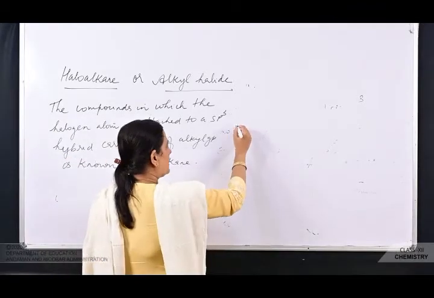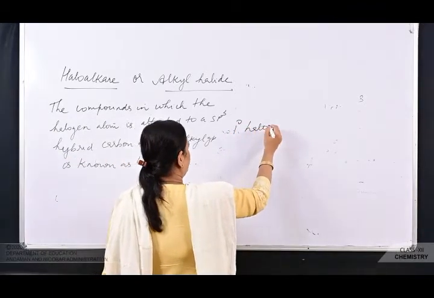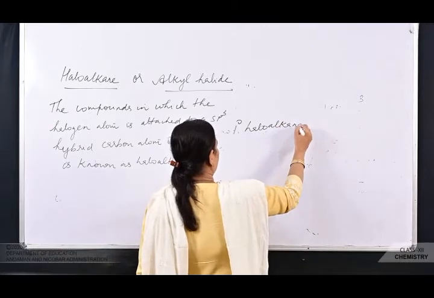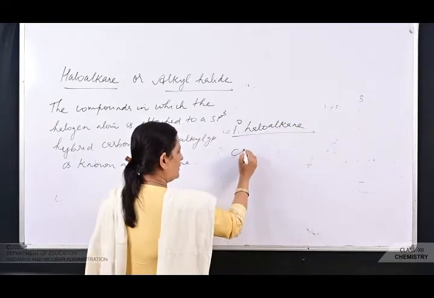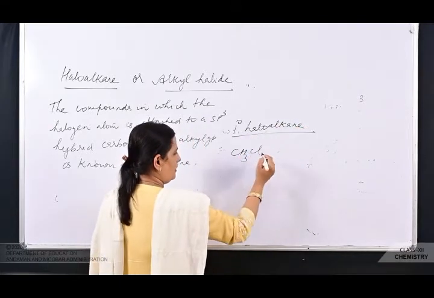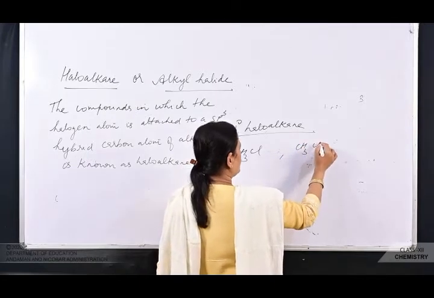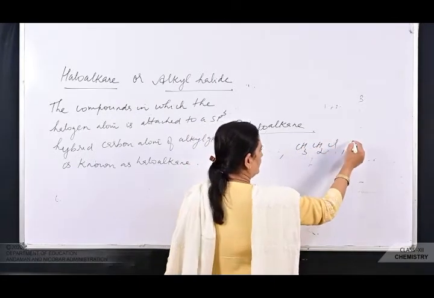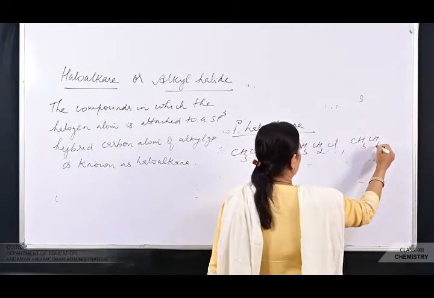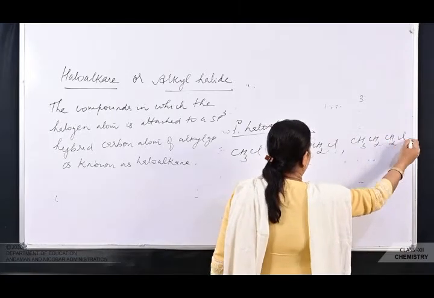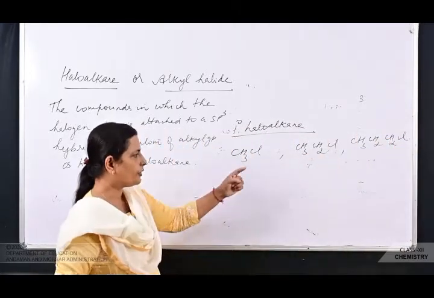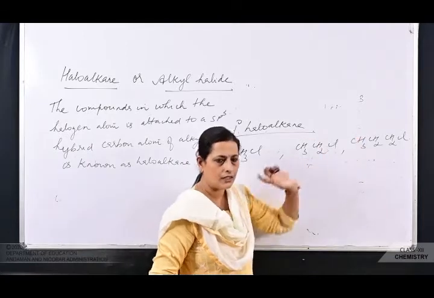What is a primary haloalkane? I'm going to write here CH3Cl, CH3CH2Cl, then CH3CH2CH2Cl. This is methyl chloride, ethyl chloride and propyl chloride.